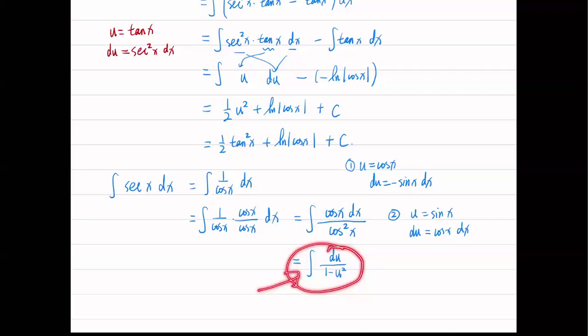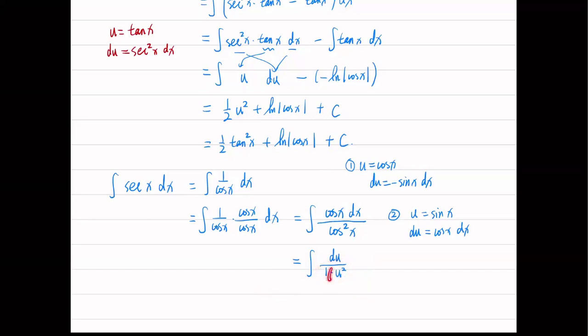Okay, now you should refresh your memory going through the list of derivatives and integrals. Have we seen anything like this before? Sophia, what do you think? Okay, that's the if.